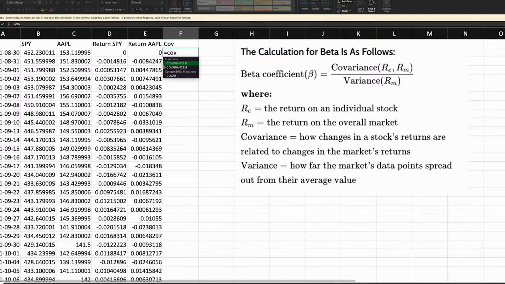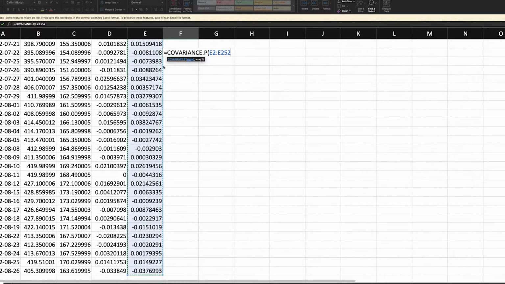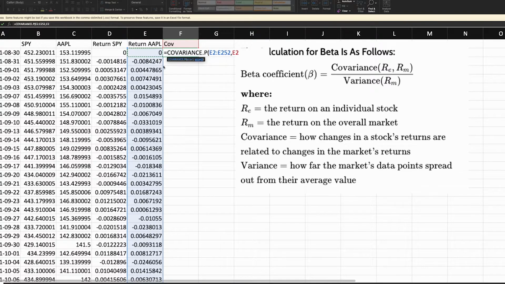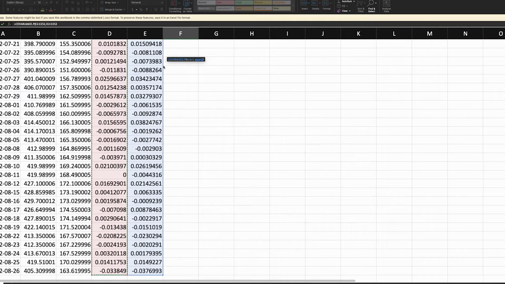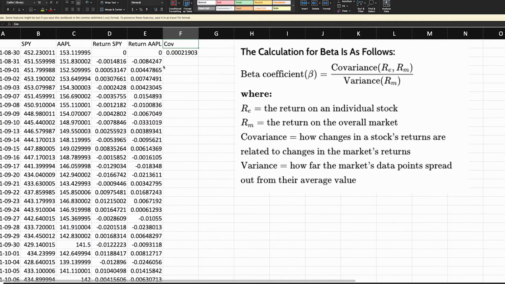Here, we're going to pick .P, and then you have array 1, which, according to the formula, is the return data for the equity, which is Apple. And for array 2, we have the return data for the market, which is the SPY, the S&P 500, and close bracket. Now you see the covariance.